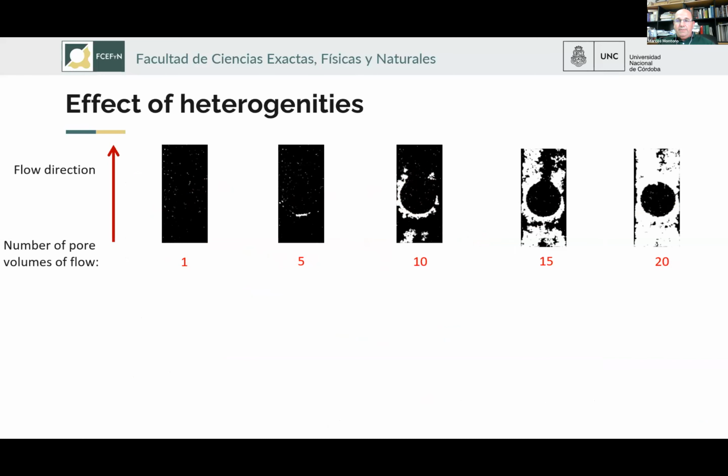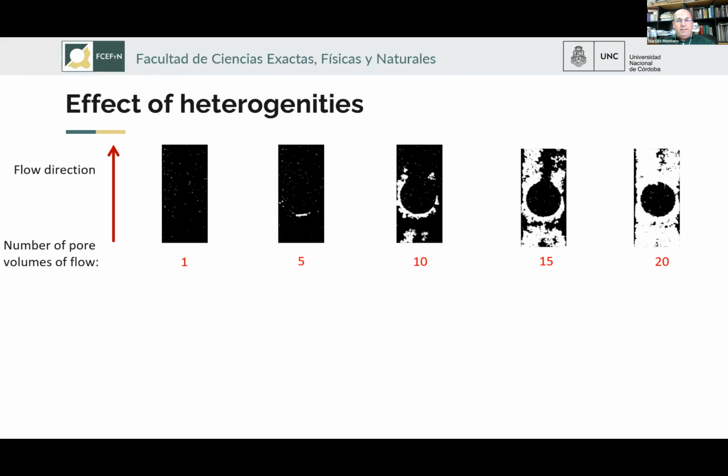And what we observe is that the water tends to accumulate when the water displacement front reaches the interface between 2 different materials. And at the end of the test, NAPL inside the central cylinder was still there, so it was not removed.